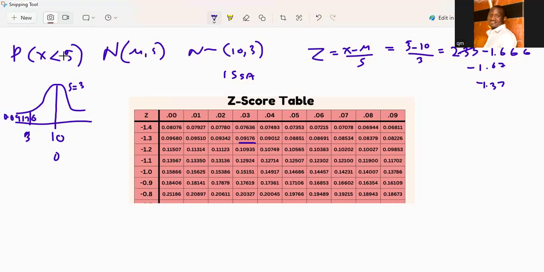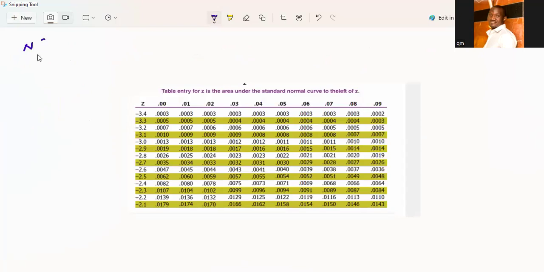It's the same table, just an extension. So here, suppose we're given our normal distribution setting with 10, 3. We are asked to find the probability that X is greater than 2.